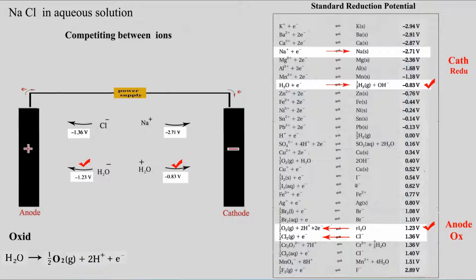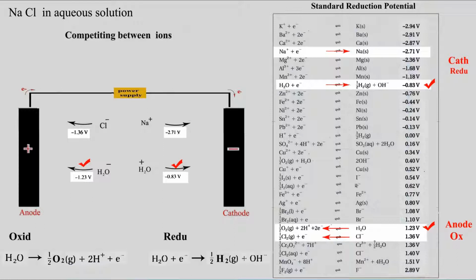So, from the table, you know the anode is oxidation. Water becomes oxygen gas and hydrogen ion remains in solution. Then how about cathode?